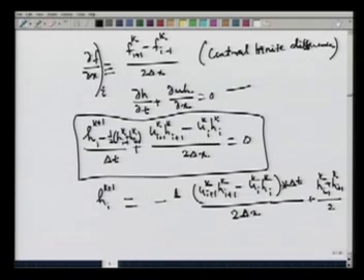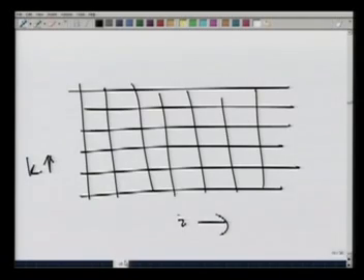That means if this is my I, the evaluation of h here will involve this and this.